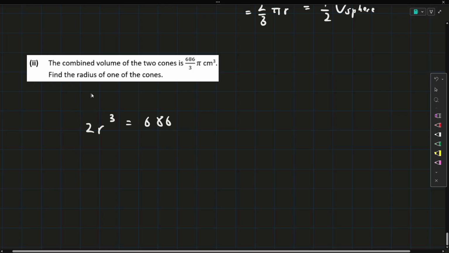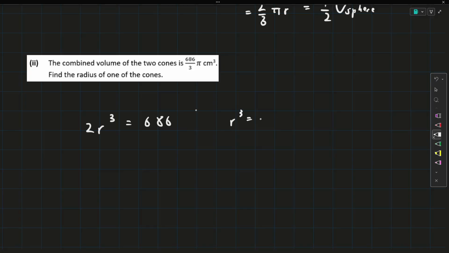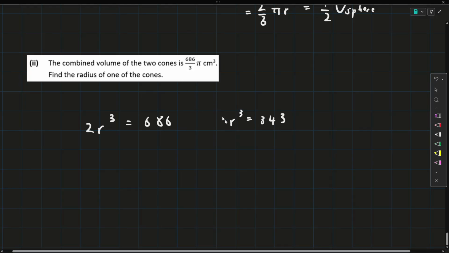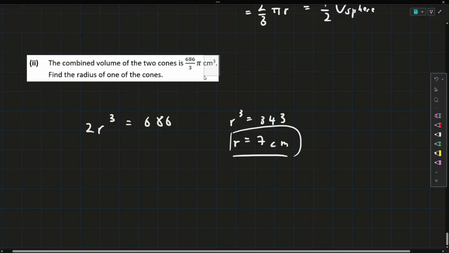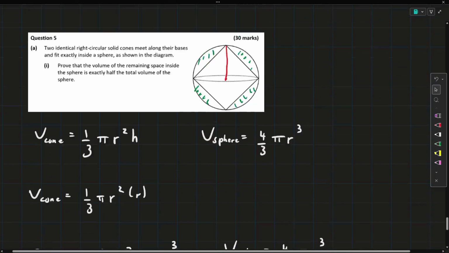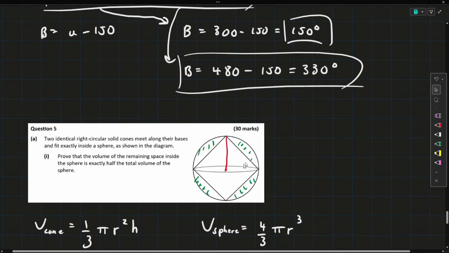Then you can divide both sides by 2, and you'll get r cubed is equal to 343. Then cube root both sides, and you get that r is exactly equal to 7. And the unit is centimeters, because the volume was centimeters cubed. It says find the radius of one of the cones, and when we found r, that's just the radius of one of the cones.